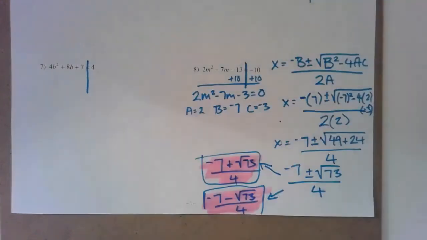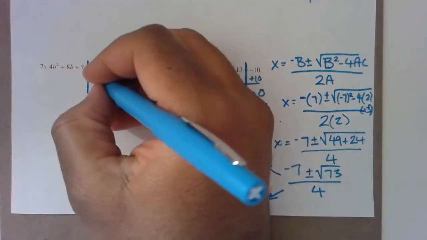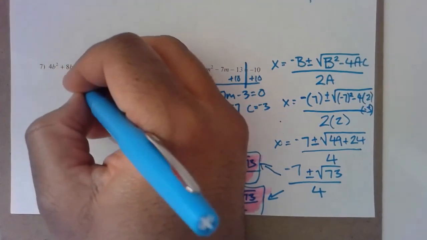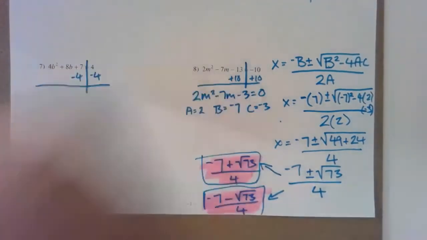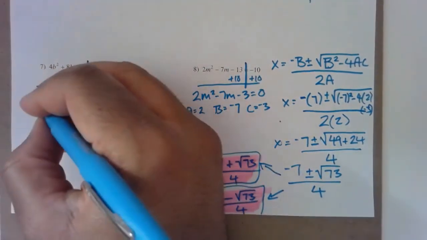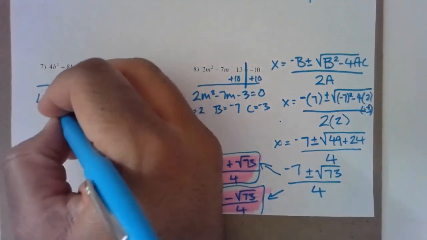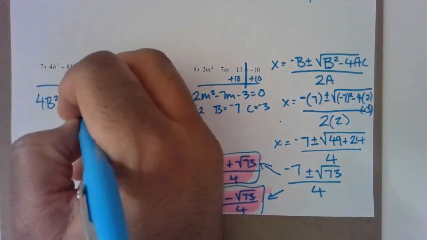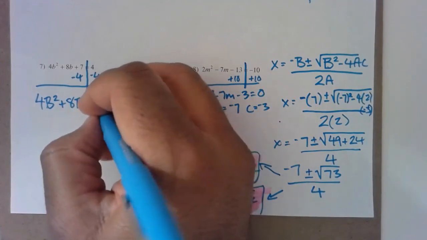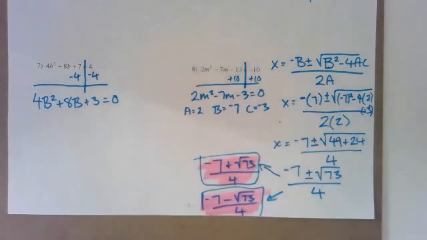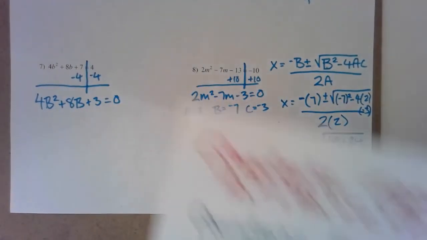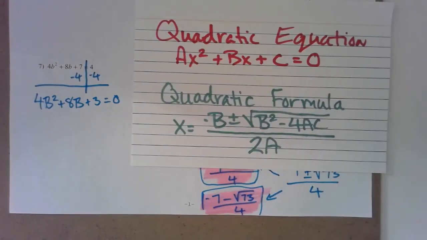Well, all I need to do is subtract. So I'm just going to subtract 4 and subtract 4. So what is my new equation going to be? It will be 4b squared plus 8b plus 3 equals 0. Now I can go ahead and use my quadratic formula to solve that problem.